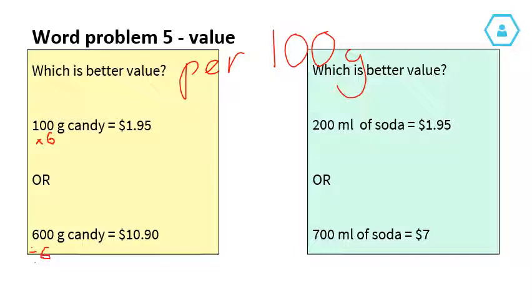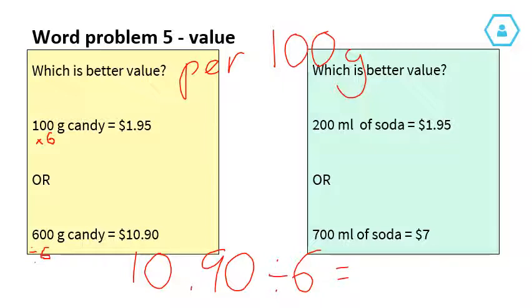So I can find out, well, how much is 100 grams of candy of this brand going to cost compared to this one? So what I might do quickly, I'll just put that into a calculator. Sorry, I even got that wrong. So it's got my number sentence: 1090 divided by 6.